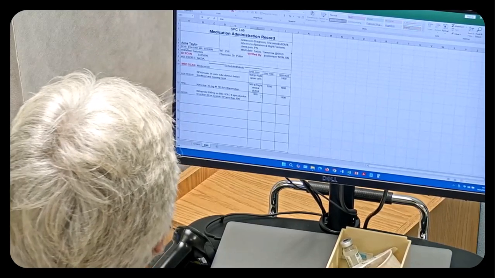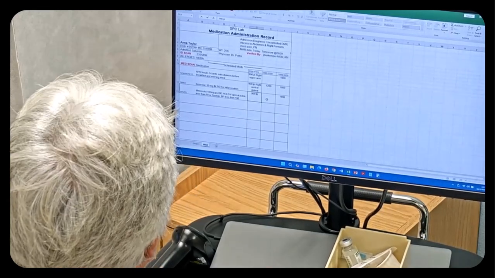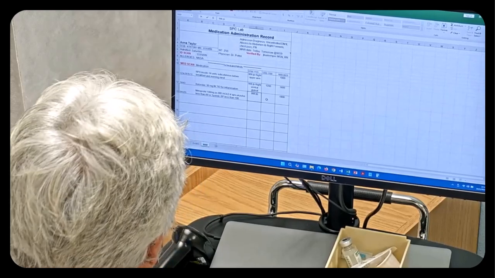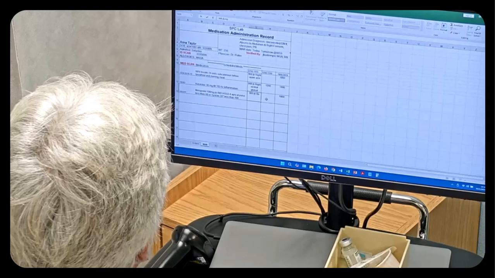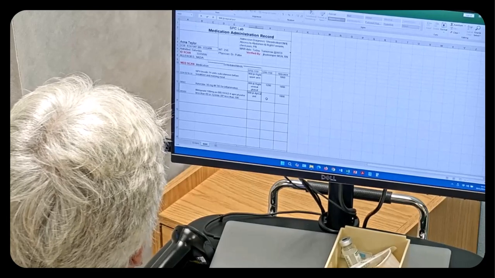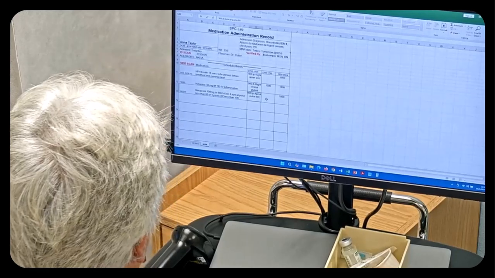And then in my metoprolol, I need to put my initials because I gave it, but I also need to put the apical pulse was 80, okay?